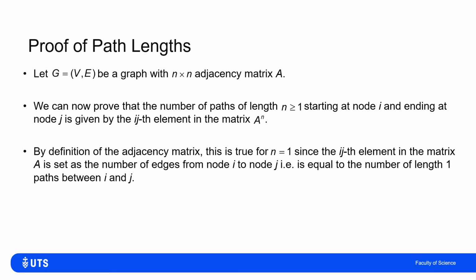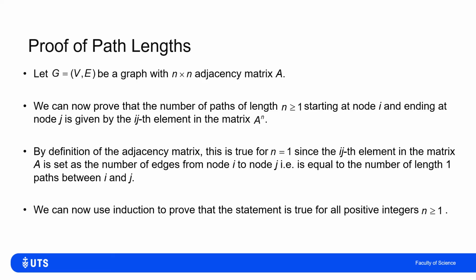Now this is obviously true for n equals 1 because A to the power 1 is A. So quite clearly then there is either one path or there isn't. So there is either a 1 in the adjacency matrix or there isn't. But I want to prove this by induction for larger positive integers.